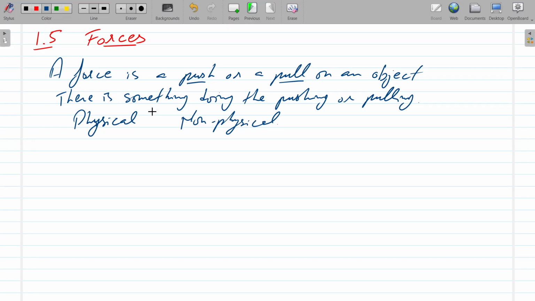So the type of force is the interaction, the push or the pull, between two objects. So there are at least two objects involved.